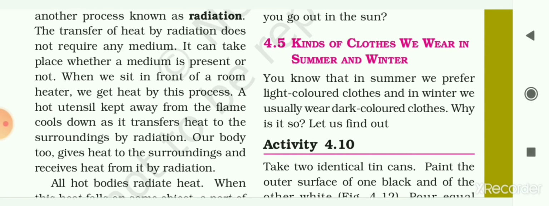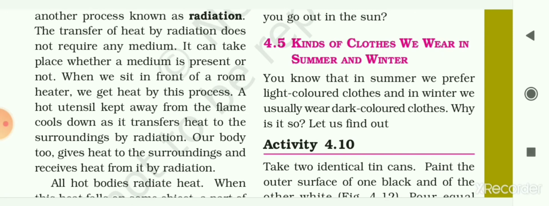Then we had seen the instrument which is used to measure the temperature of any object. The instrument to measure the temperature of an object is called the thermometer. Then we had seen different types of thermometer. The thermometer that measures our body temperature is called a clinical thermometer or doctor's thermometer.